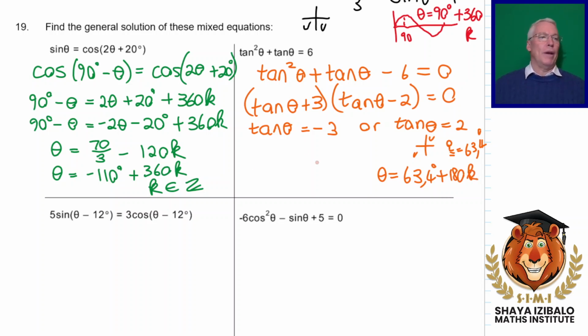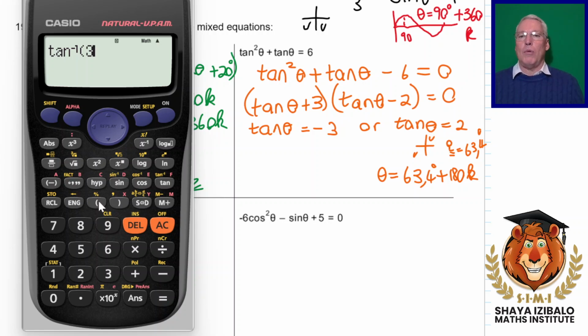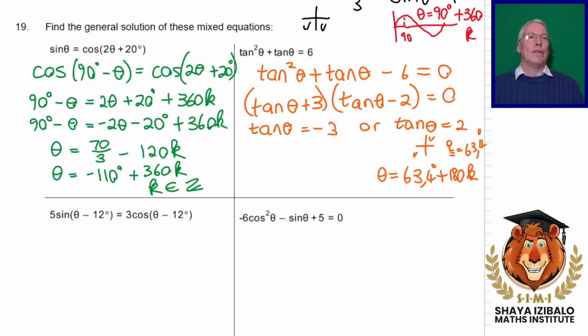All right, and on this one, we're going to need to get a calculator to find the key angle. Remember, we don't put the negative into the calculator to get a key angle. We get 71,6 degrees. But this time, we want to be in quadrants 2 and 4.